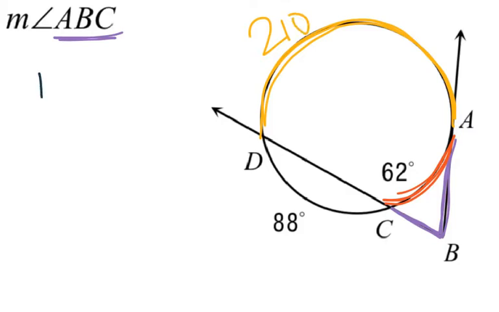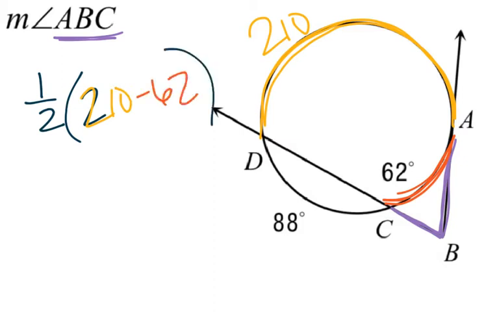So the purple angle is equal to half of the big intercepted arc, let me do that in yellow, minus the little intercepted arc, and I just put that in my calculator. So I got 210 minus 62 divided by 2, I got 74. So hopefully that's what you got.